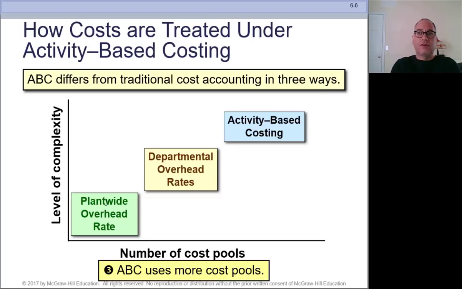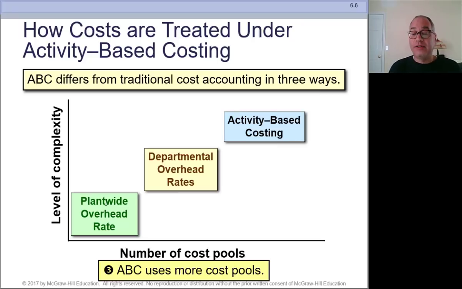It takes your total overhead and splits it into several pools, and then applies each pool of overhead in a different way. The way it applies the cost is supposed to reflect cause and effect, so that the more cost a particular activity causes, the more cost you apply to that activity. So costs go along with activities that drive those costs.